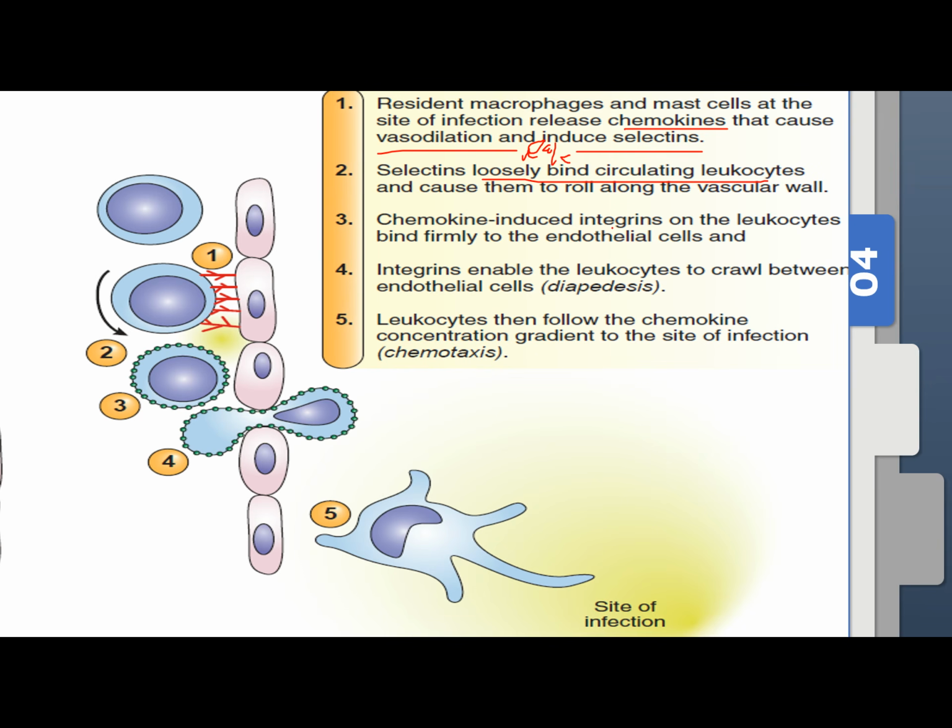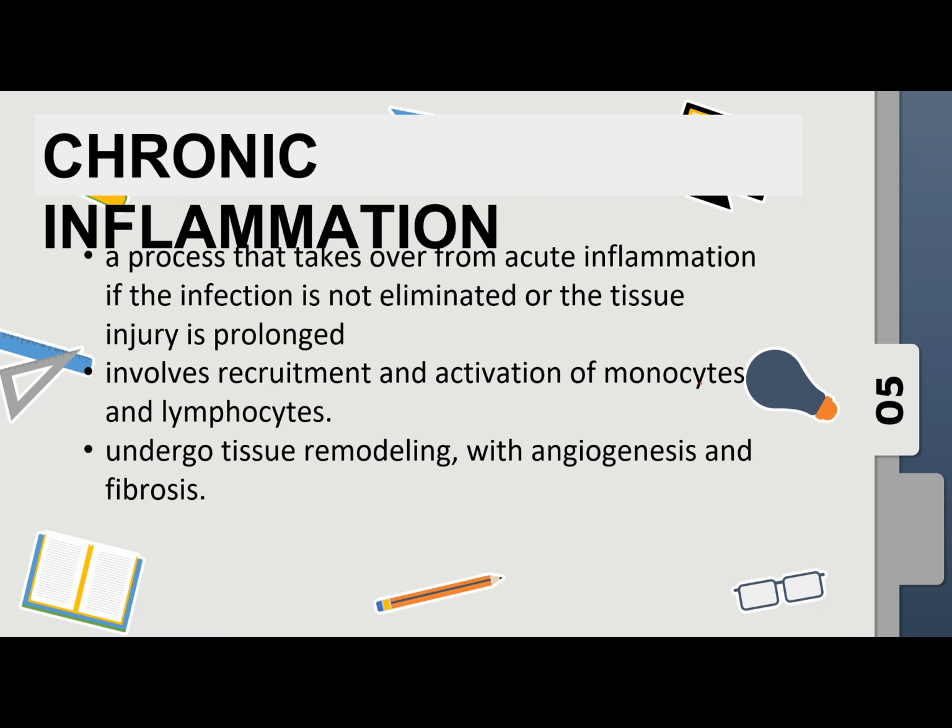Now, chemokine-induced integrins class would cause a stronger affinity. Integrins enable the leukocytes to crawl between the endothelial cell via diapedesis. Then leukocytes will then follow the chemokine signals to the site of infection, known as your chemotaxis.